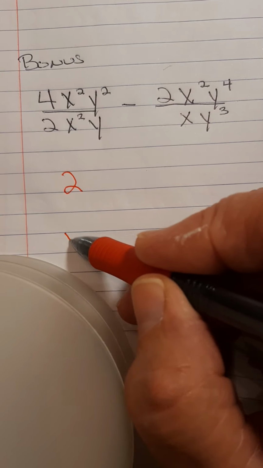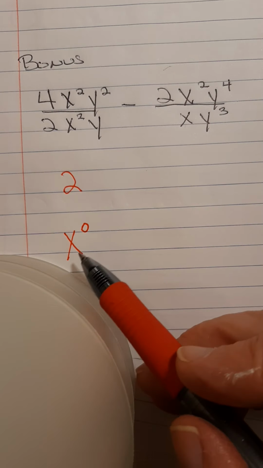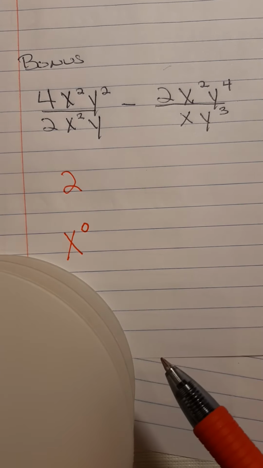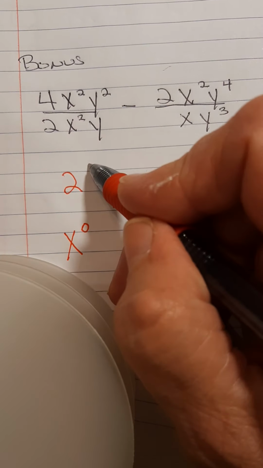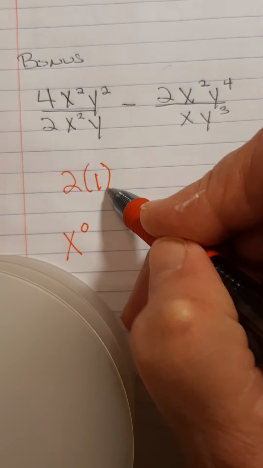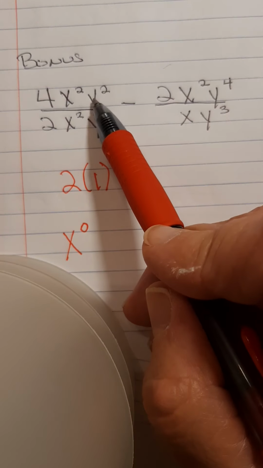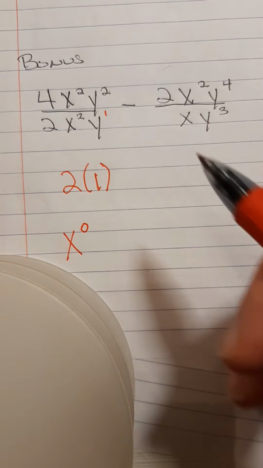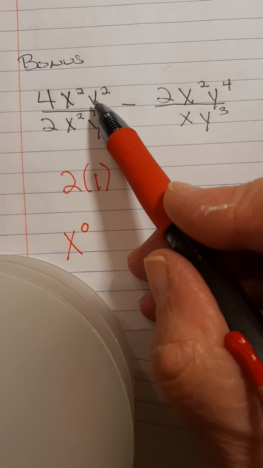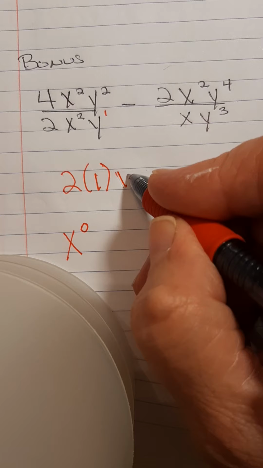What did we say happens anytime we get x to the 2 minus 2, x to the 0? What did we say that became? It always becomes 1. Always, always. And then we've got y squared divided by y to the first. That's assumed. So it's like saying y to the 2 minus 1, or y.